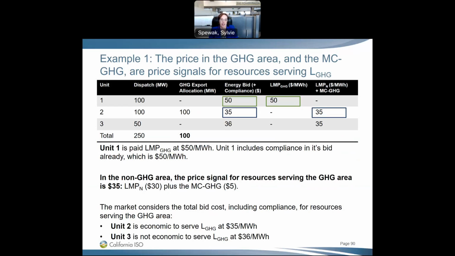And this is an efficient price signal for this resource. We can also take a look at Unit 3. Unit 3 does not receive an export allocation, so it's not responding to LMPN plus MCGHG, but even if it did, we would see that LMPN plus MCGHG is not a sufficient price signal for this resource, and this resource is not economic to serve the GHG area at a combined energy plus compliance cost of $36 per megawatt hour.